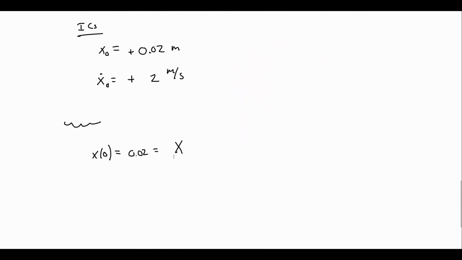So I get x naught, e to the 0 is going to be 1, times the cosine of negative phi naught, plus a naught over 2k, plus the summation n equals 1 to infinity.